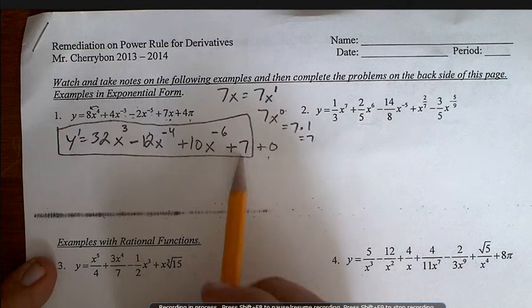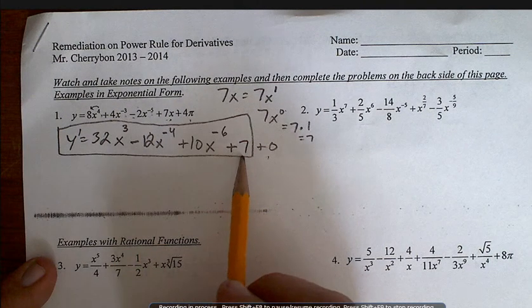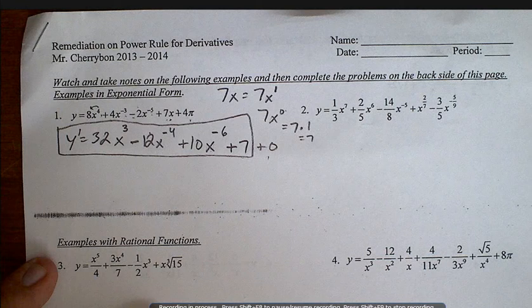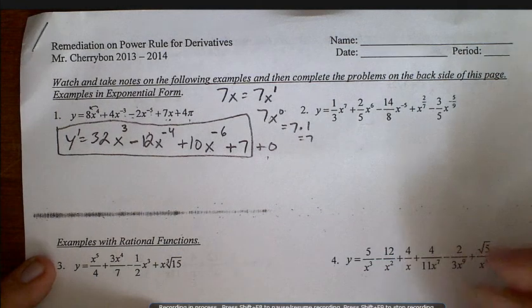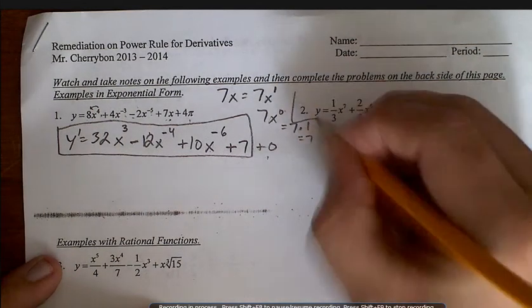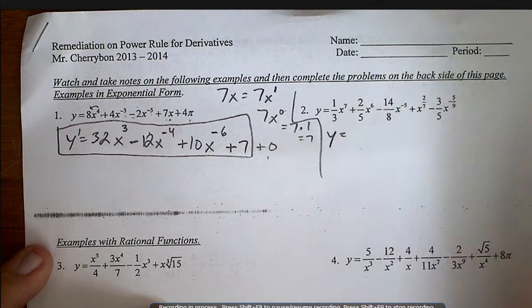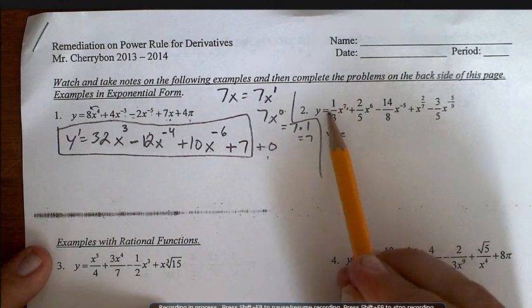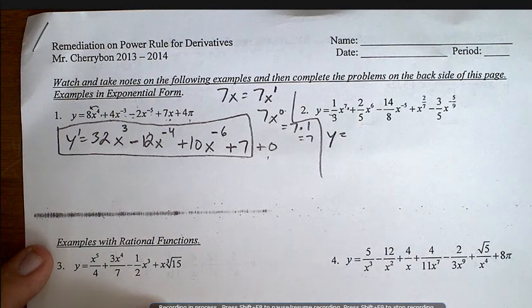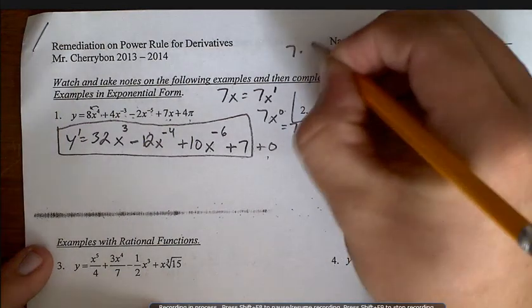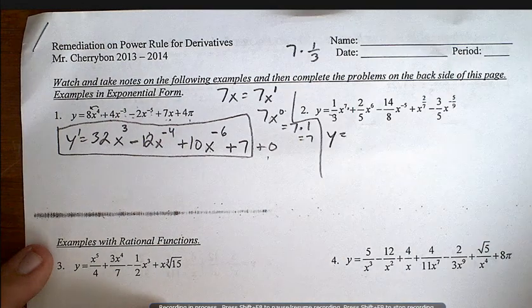Okay, number 2. Okay, so same thing. Now take 7 times 1/3. When I'm multiplying a number times a fraction, 7 times a third, think of the 7 as being 7 over 1. So I do numerator times numerator, denominator times denominator, I get 7/3.